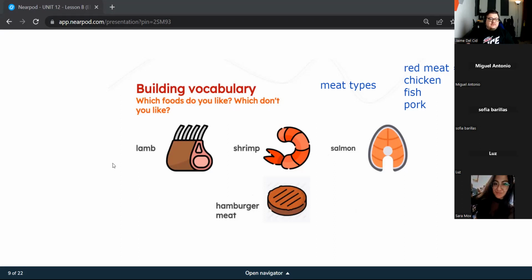Shrimp. Shrimp. Shrimp. Salmon. ¿Y hamburguesa? Hamburger. Hamburger meat, ¿verdad? Porque tiene dos palabras. Hamburger meat. That's right. Okay, very good.